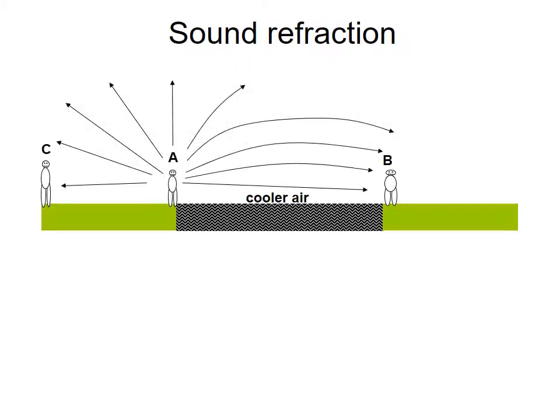So just like light, sound can be bent or refracted. So here is me yelling at a couple of students. One student, C, is right next to me at the side of a lake.